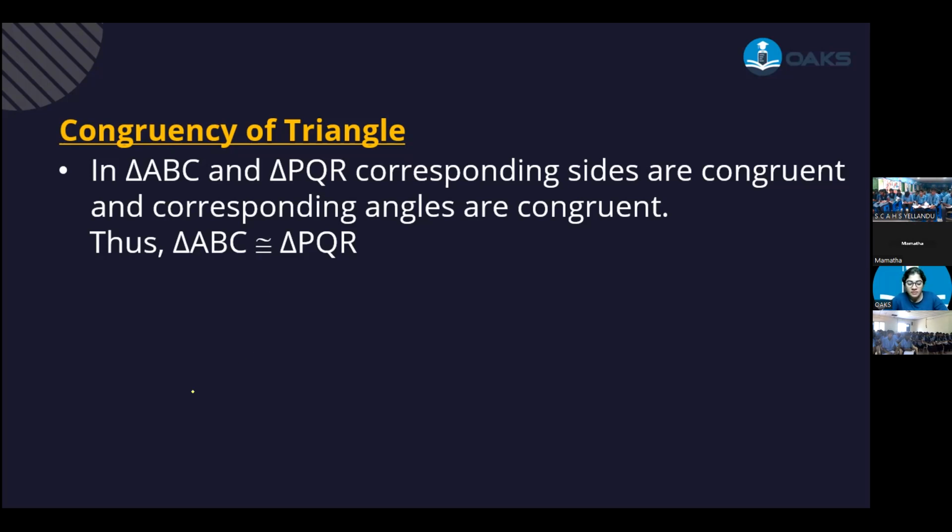See, what I was talking about, we have this side AB, and I have this side as PQ. Suppose AB is congruent to PQ, and BC is congruent to QR, and AC is congruent to PR.